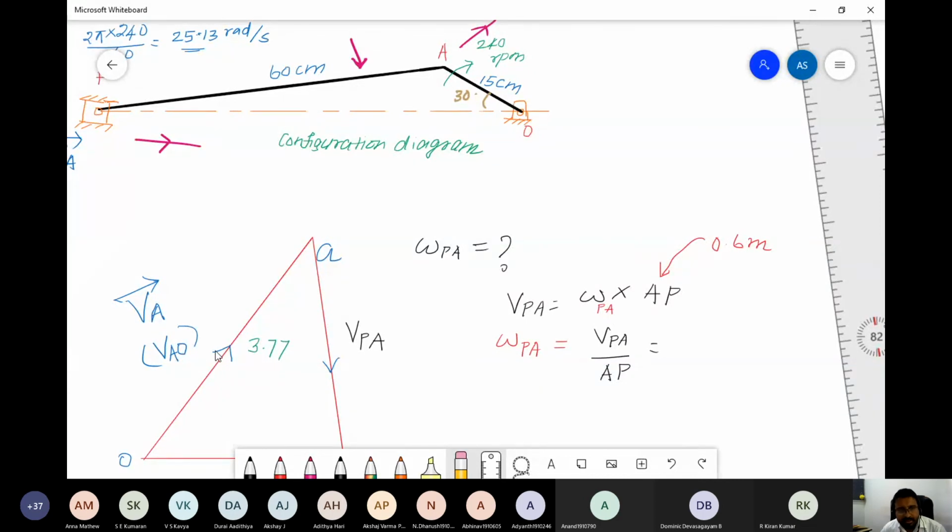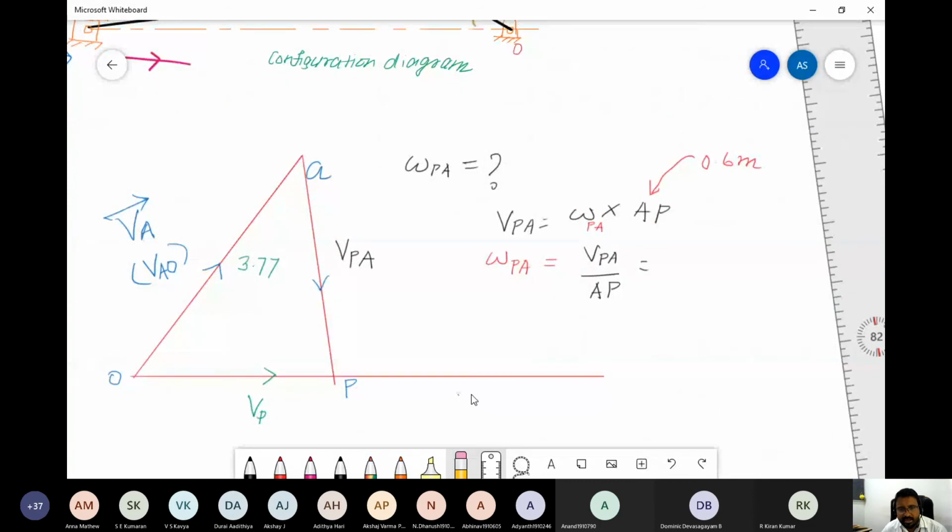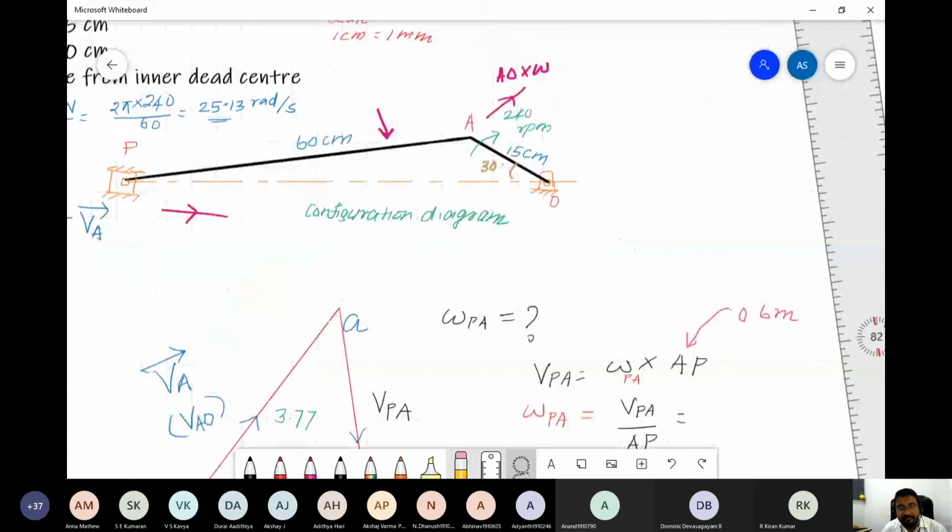Then we have drawn the vector of point P. Point P is moving this way. It is a constraint, so we are drawing it parallel to it. We don't know the magnitude, so just extend it. Then we drew the vector for AP, the connecting rod. The connecting rod is also making a kind of rotation motion, but not a proper rotation.